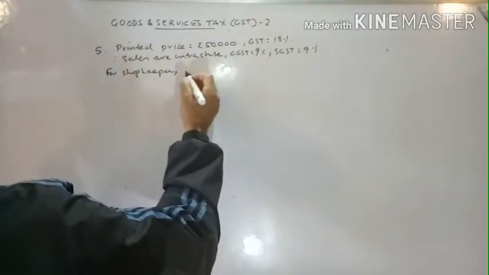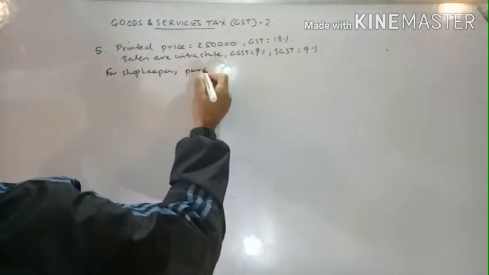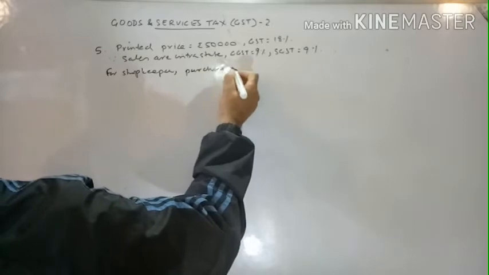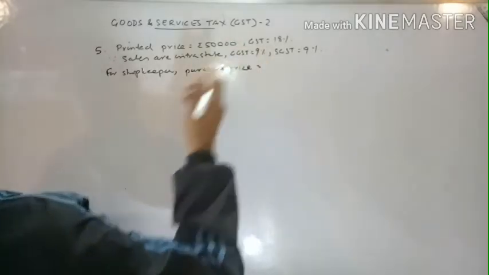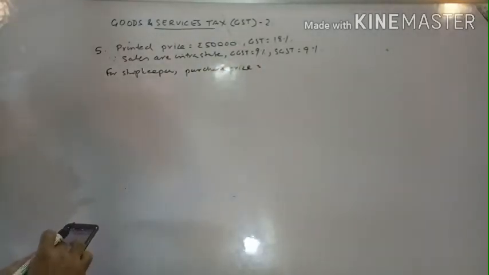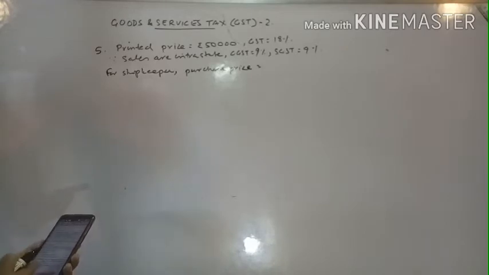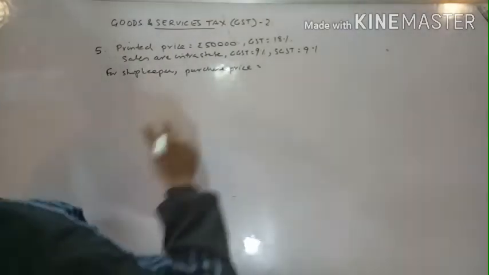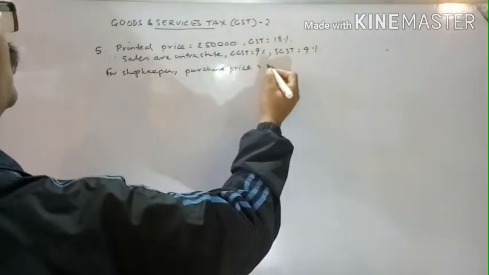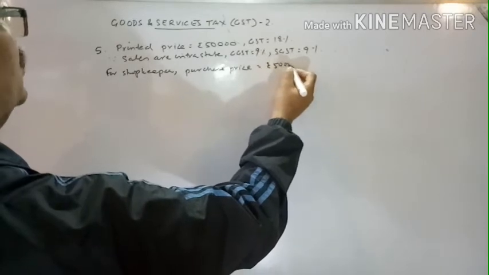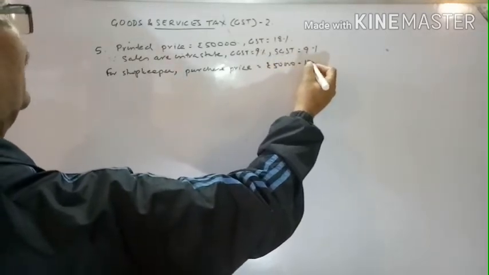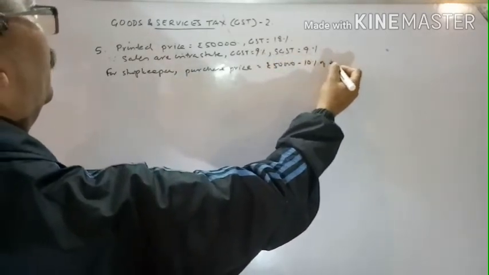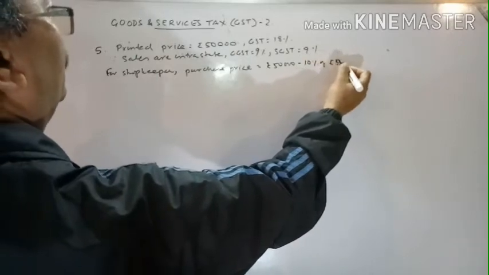So for the shopkeeper, purchase price is equal to, now you see at what price he purchased. The wholesaler allows a discount of 10% to the shopkeeper, so he got a discount of 10% on the mark price. So that means 10% less. So rupees 50,000 minus 10% of rupees 50,000.